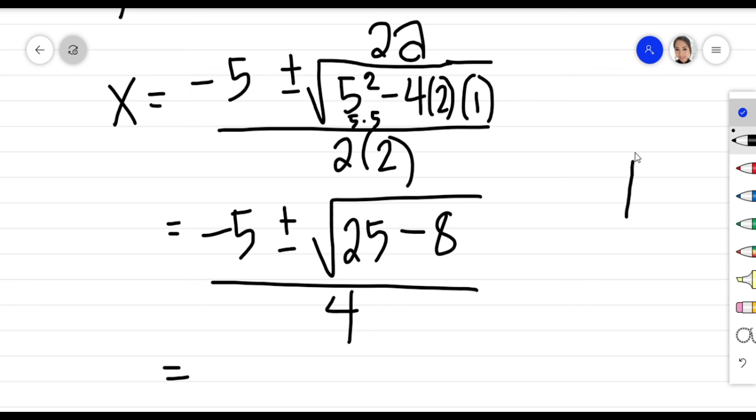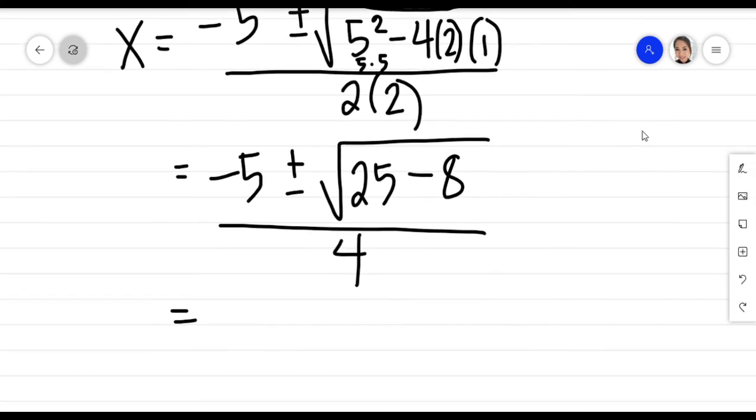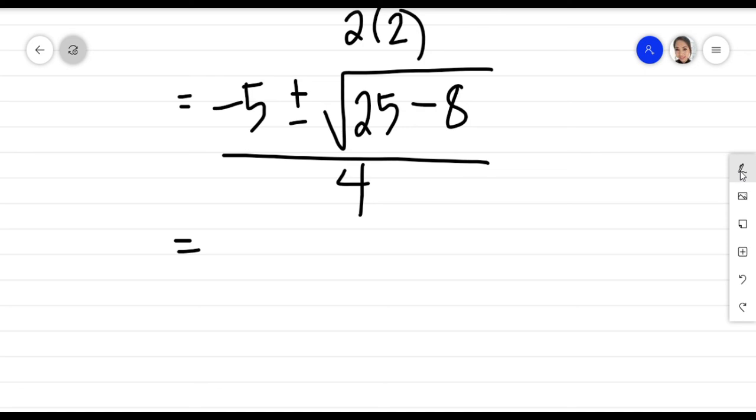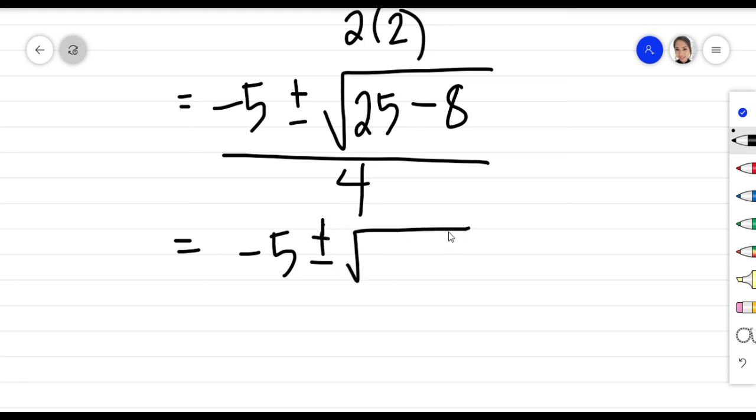So let's simplify that: negative 5 plus minus square root of 25 minus 8, that is 17, over 4. We cannot simplify the square root of 17 anymore because 17 is a non-perfect square and there is no perfect factor for 17.